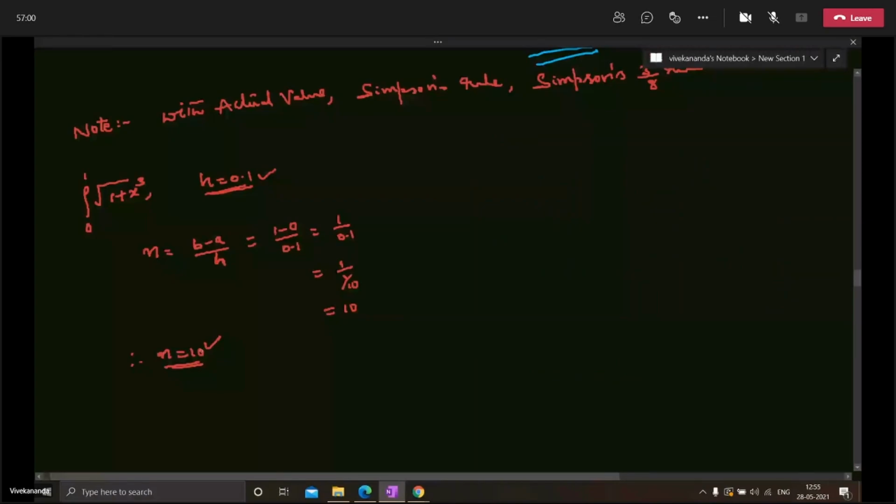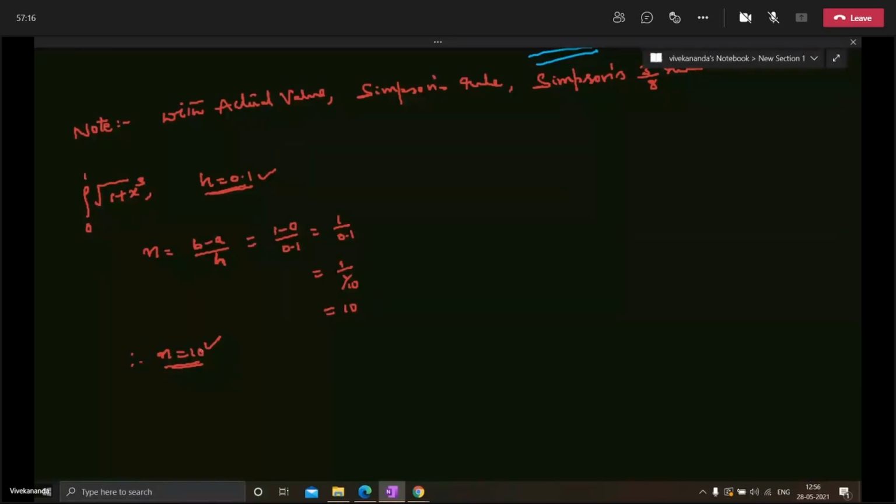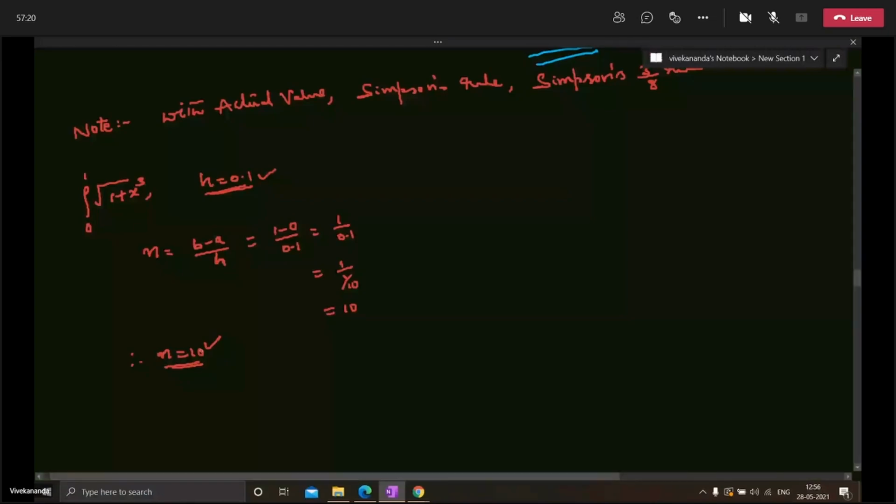Yes, sir. Why can we apply the trapezoidal rule? For the trapezoidal rule, you can take any number of subintervals. There is no restriction for the trapezoidal rule. We can always apply the trapezoidal rule.